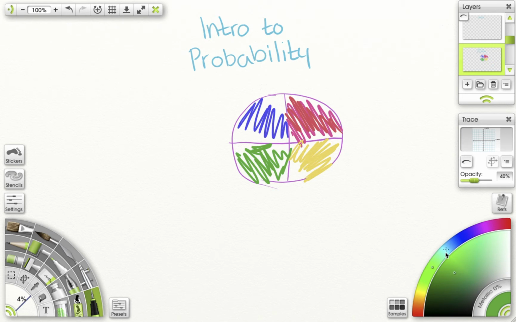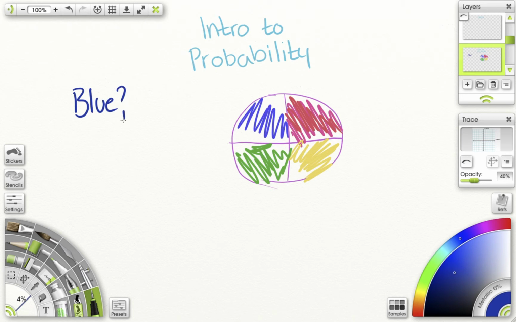Well, what happens when all 4 colors are the same size? We have a whole circle, and each part of the circle is divided into 4 equal sections. What would be the probability of me landing on blue?